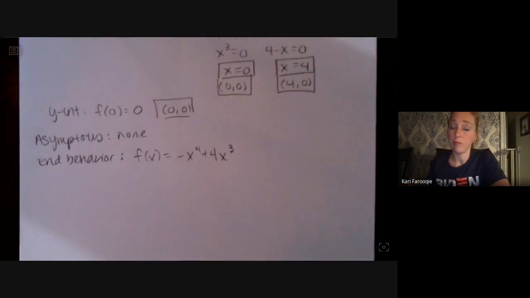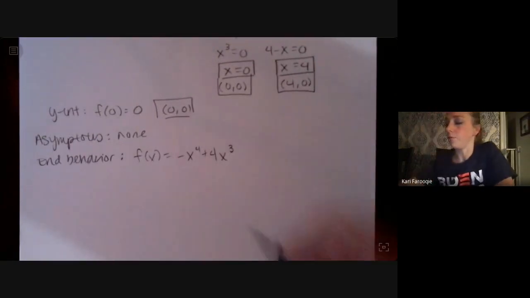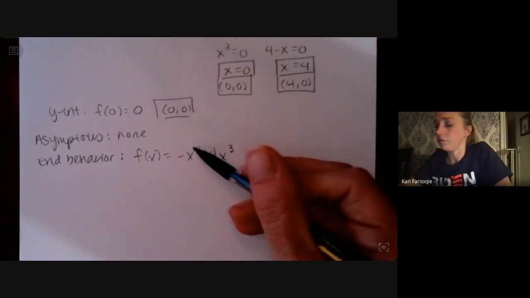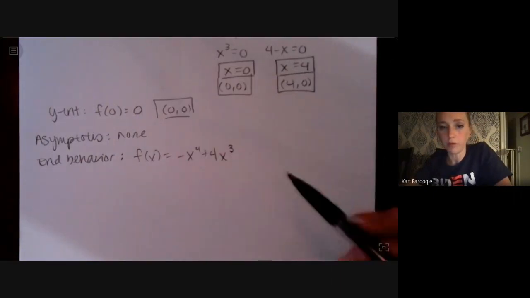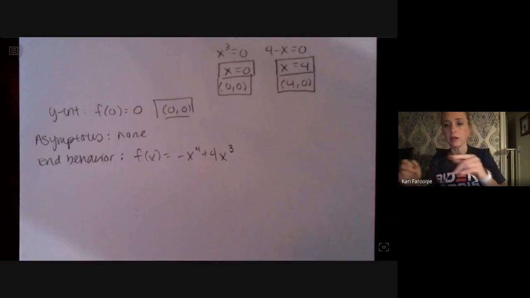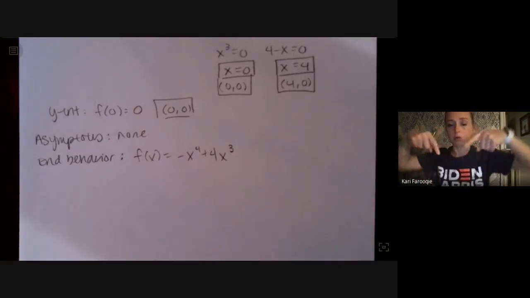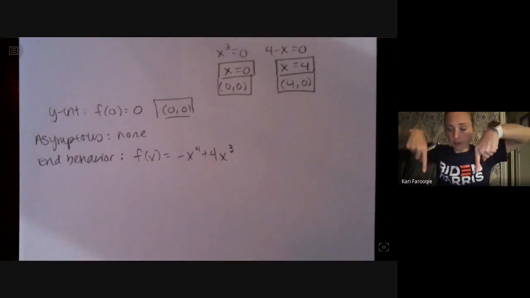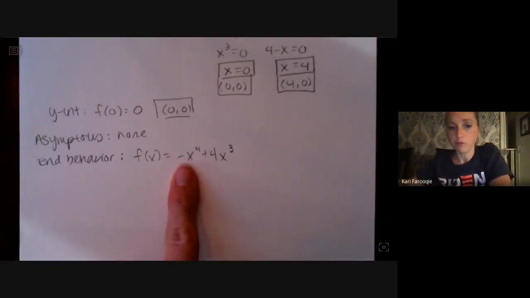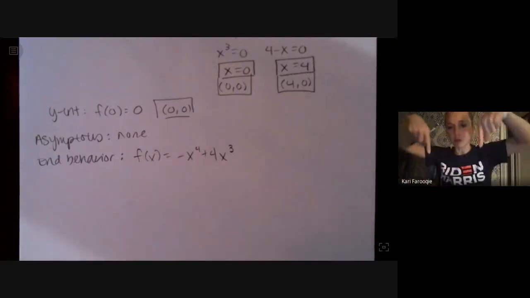Thinking back to, I believe it was section 1.5 when we talked about end behavior, we said that if the degree of your polynomial was even, then the ends were both doing the same thing. Either they were both going up or they were both going down. If your lead coefficient was negative, then they were both going down.